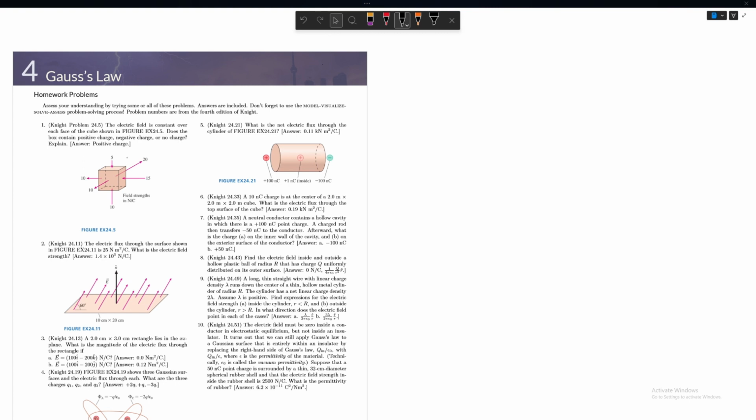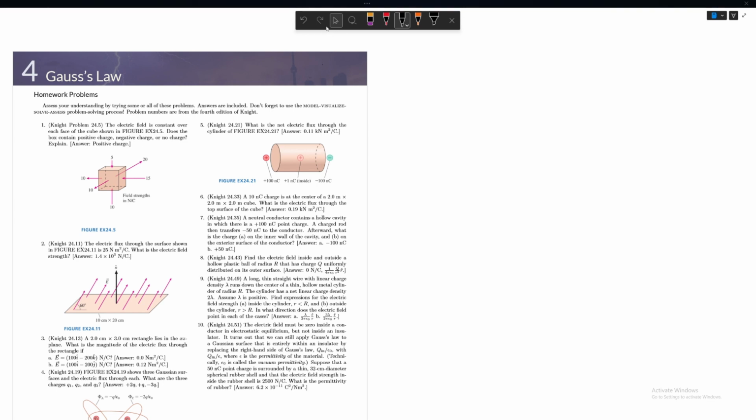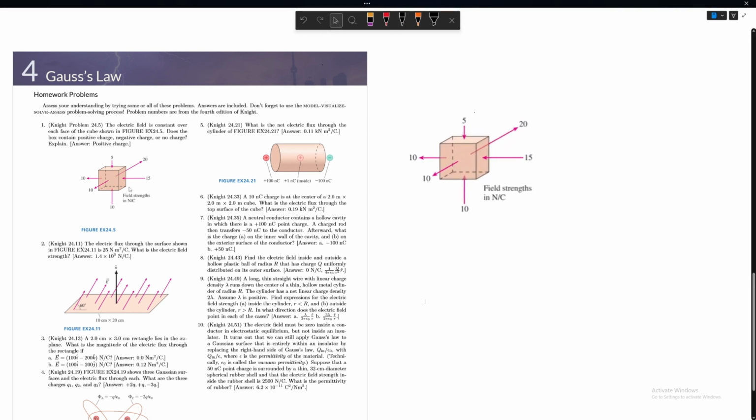So we have this cube. Let's steal that. Oh, mine now. This is my diagram now. Boom. Alright. So it asks, does the box contain positive charge, negative charge, or no charge?